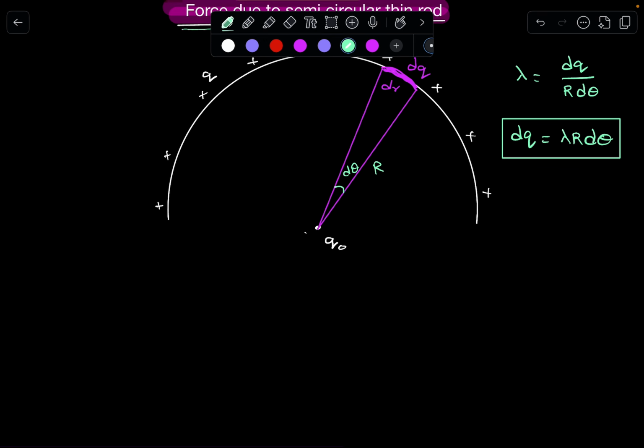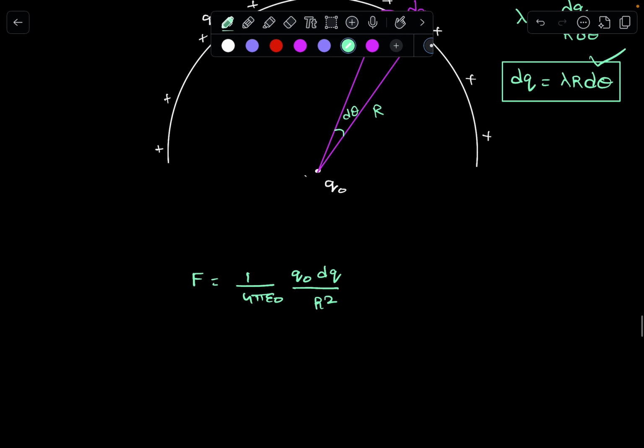We know that the Coulombic force formula is F is equal to 1 by 4 pi epsilon naught into the initial test charge Q naught and the other charge dq by r square, correct or not? Yes. Now dq value already we know, lambda r d theta, right? So that value I'm going to substitute here.